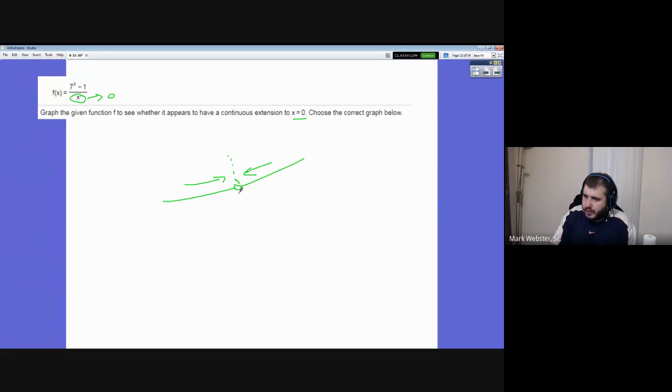So going back to this, the answer here, the y value, the continuous extension to x equals 0, we're going to do 7 to the x minus 1 over x when x does not equal 0.